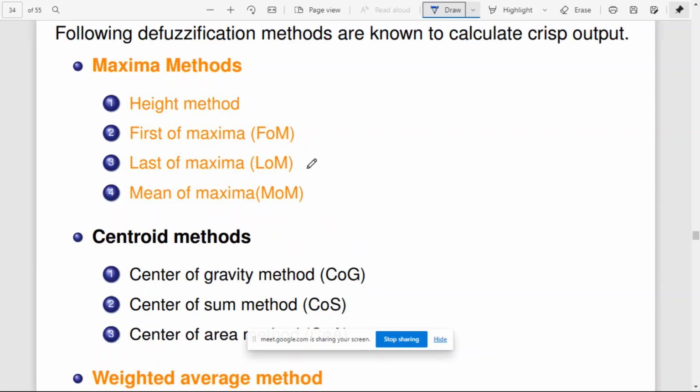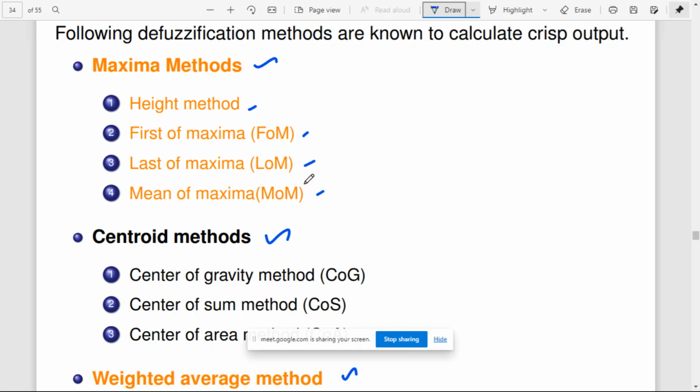One is called the maxima method, the other one is the centroid method, and the other one is the weighted average method. In the maxima method we have four types. We will be discussing all four: height method, first of maxima, last of maxima, and mean of maxima.